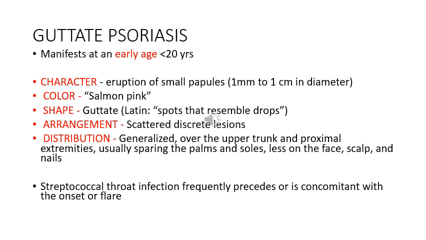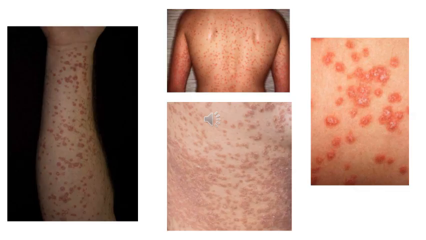Again, a streptococcal throat infection is associated with guttate psoriasis. So this is the diagram of guttate psoriasis. You can see the well-defined, discrete, scattered lesions, which are like water drops, especially in the upper trunk.